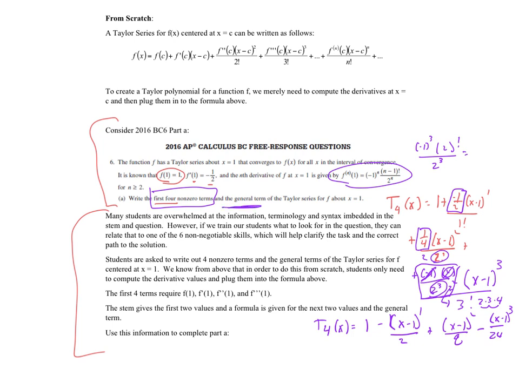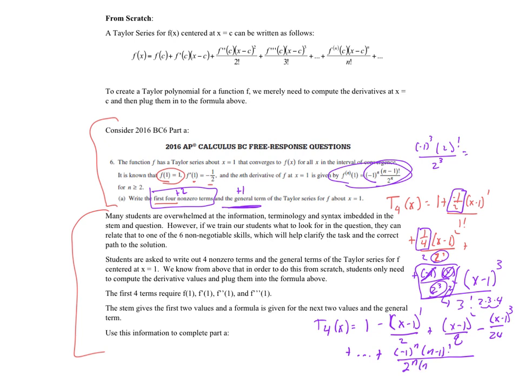And the general term. Quite honestly, you're going to get 2 points for this section, and you're going to get 1 point for this. So then this is where you would go plus dot, dot, dot, and then do your plus. So then I'm essentially going to have this here. I'm just going to drop that 2 to the n to the denominator because that's where it's going to go.